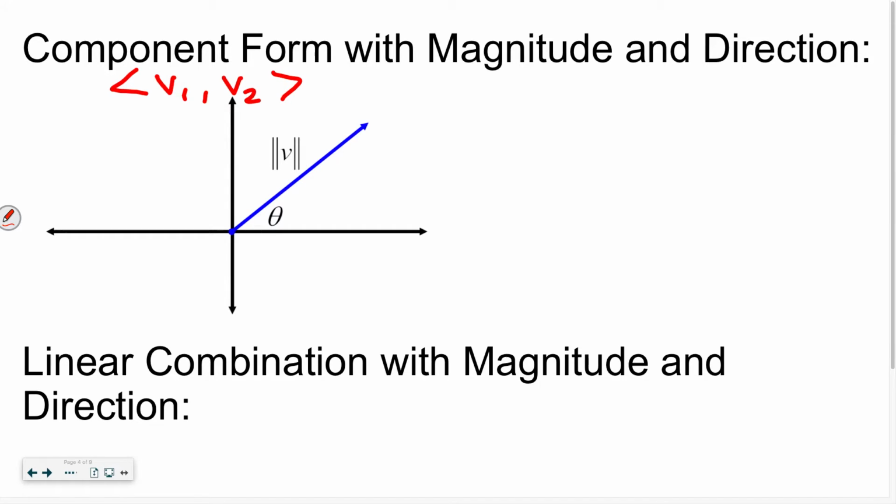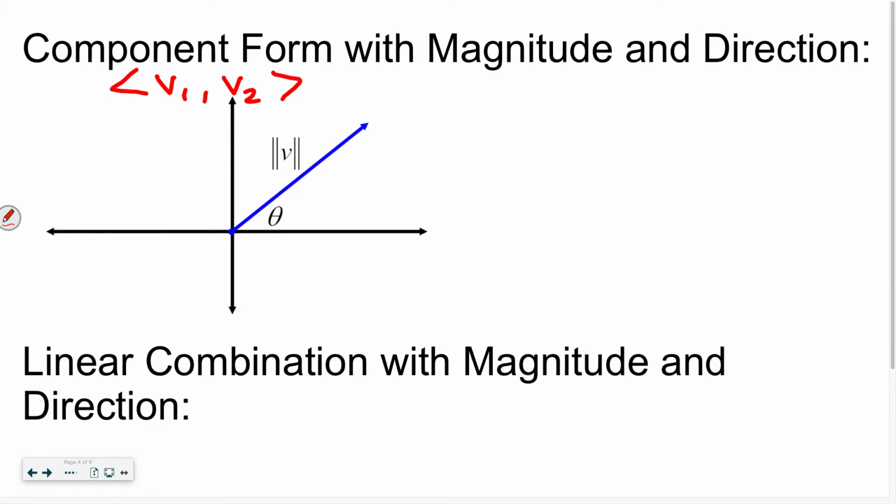Yesterday when we did the basics of vectors, we know that component form is v sub 1, v sub 2, where v sub 1 is our horizontal component and v sub 2 is our vertical component. Yesterday, if I gave you an initial point and a terminal point for a vector, you could find component form by doing subtraction of the horizontal components and subtraction of the vertical components.